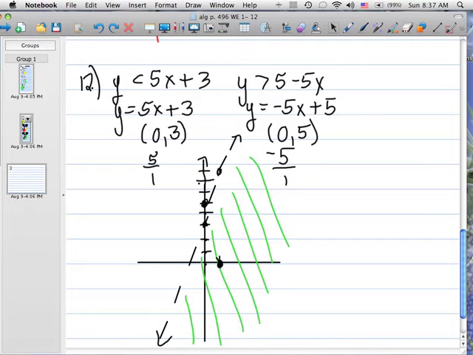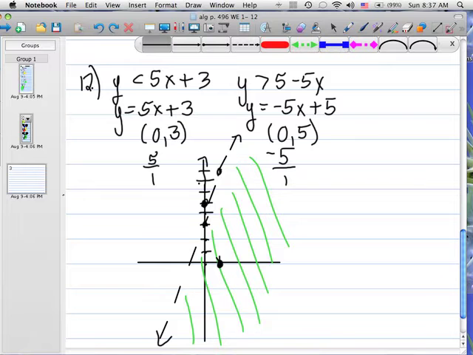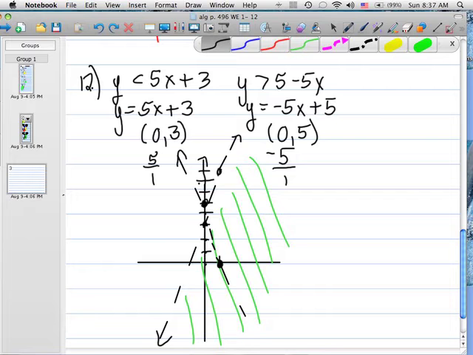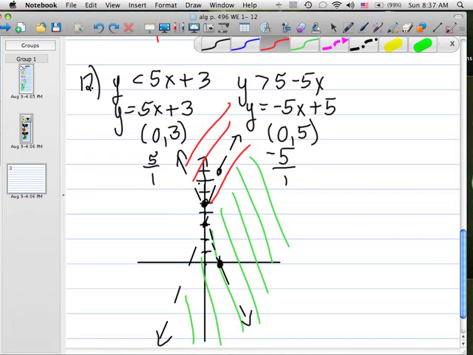So our intercept was 0, 5. I connected the wrong part there. So 0 is going right this way. And it says greater than, so that would have to be shaded above. So the crosshatch area would be right along that dashed line and that one, and then everything here.